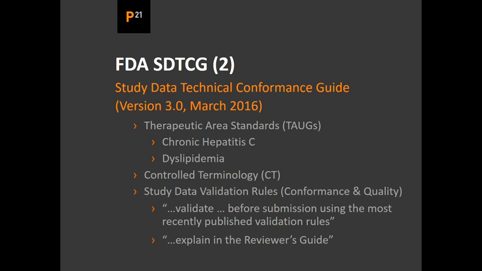Why would you do that? Well, the FDA is going to use, and the Japanese PMDA, by the way, are both going to use the most current version of the validation rules. So if you don't run the most current version, then you may not be explaining things that are showing up in those validation rules. Granted, they may not have shown up 10 years ago, but the validation rules are another of what we would call the standards that are part of the Big Bang.